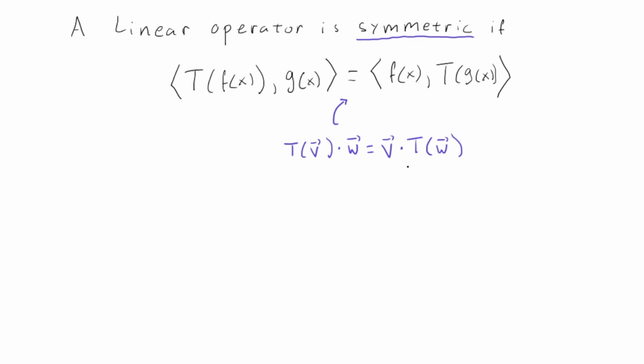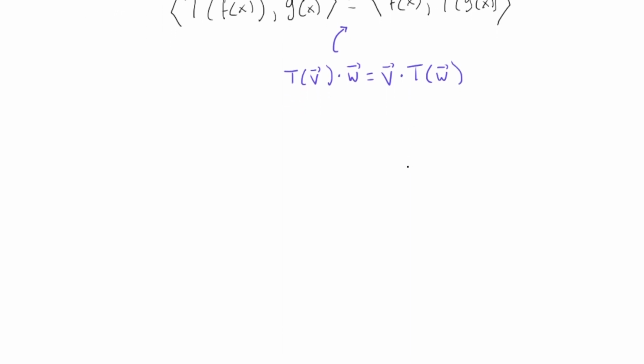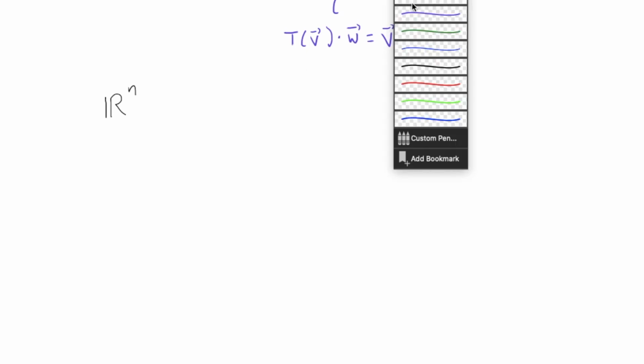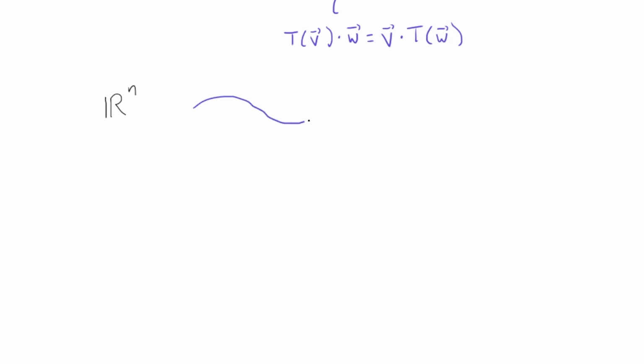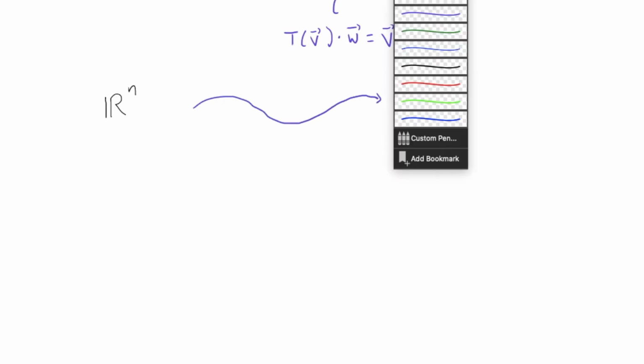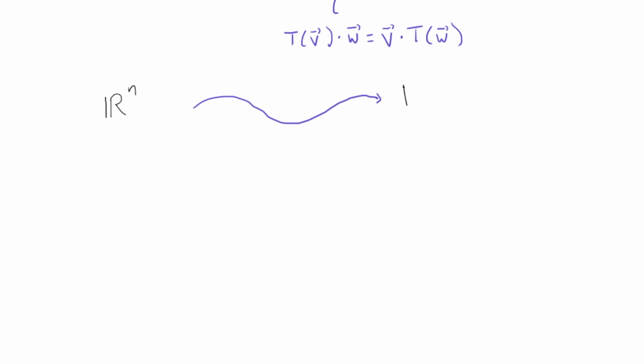Okay, so maybe let me write a little diagram here. What we did is, in our case before, in finite dimensions, our vector space was Rn, but now we have a different vector space, which is the set of periodic functions of period 2L, P2L.